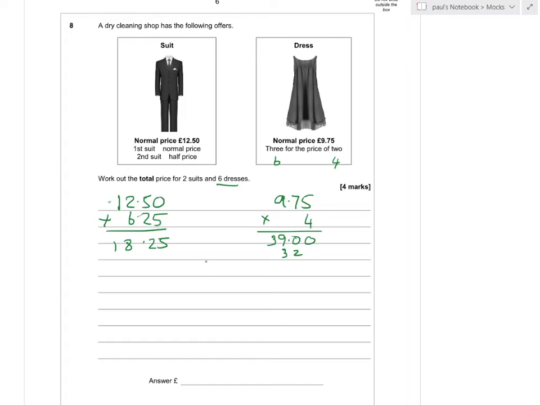So that's going to cost £39 to get the dresses. So 18.25 and £39 should be the final price. 25, 8, 16, 17 and 3, 4, £57.25. I got confused now with that Ola giving her money away. £57.25.